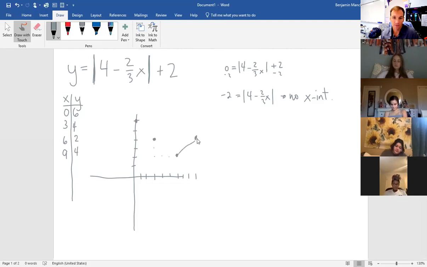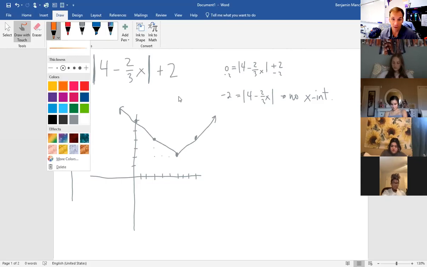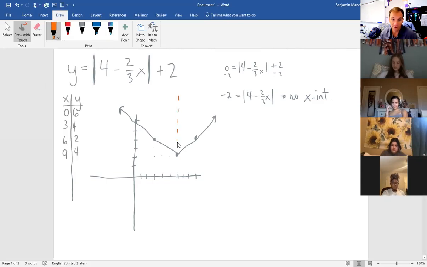Okay, so I can find now where my vertex is. That is the worst line ever. Okay, so this is my vertex. I have to find out where it turns around. I need to figure out where that fence is from beforehand. So now I know that the fence is here at 6.